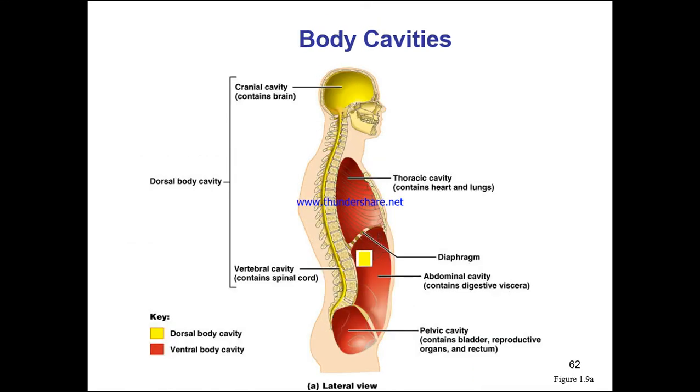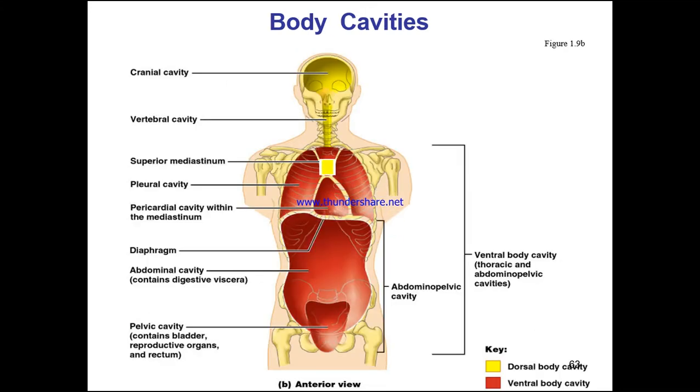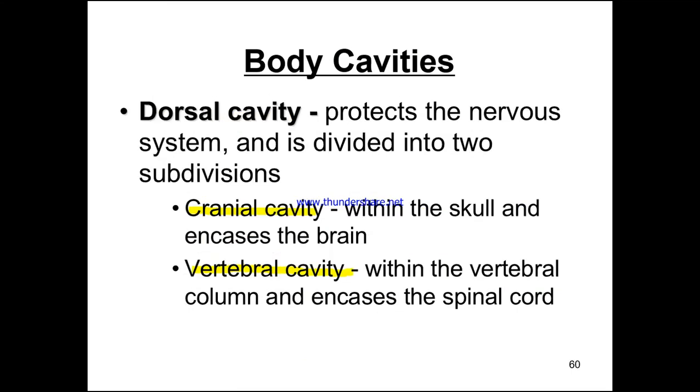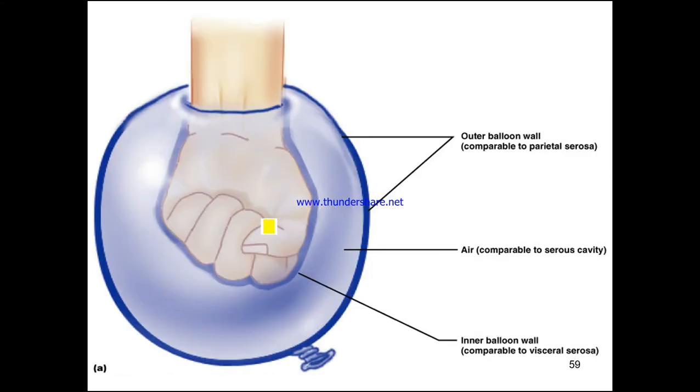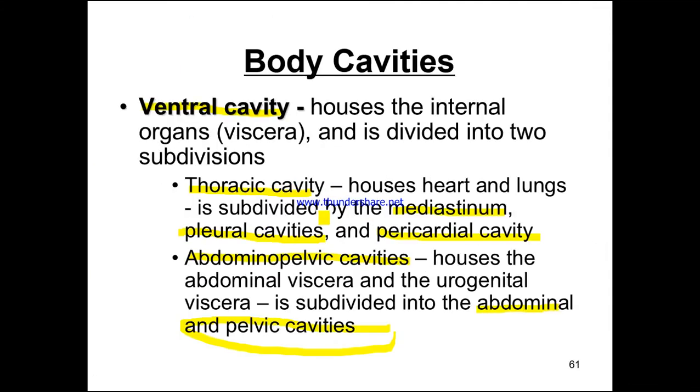Remember, covering the walls is the parietal. So in this region we have parietal pleura. In this region we have parietal peritoneum. Still parietal. Only when we put the viscera in and cover the viscera is it visceral.